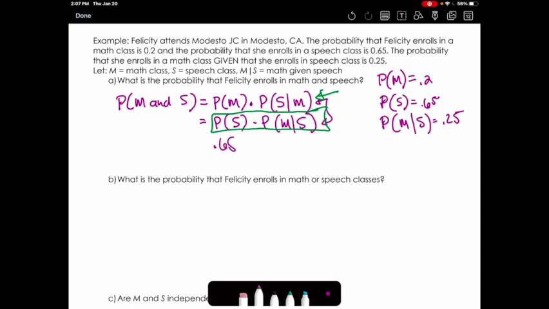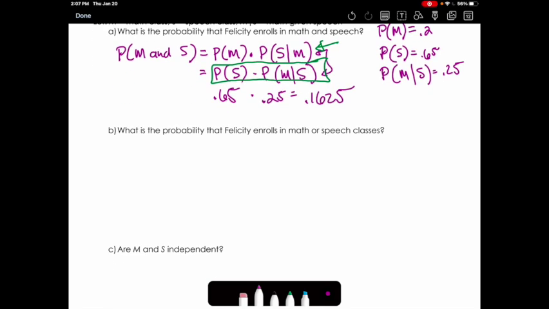We do know the probability of her signing up for a speech class. That's 0.65. We do know the probability of her taking a math class, given that she signed up for a speech class, and that's 0.25. When we multiply those together, we get 0.1625.